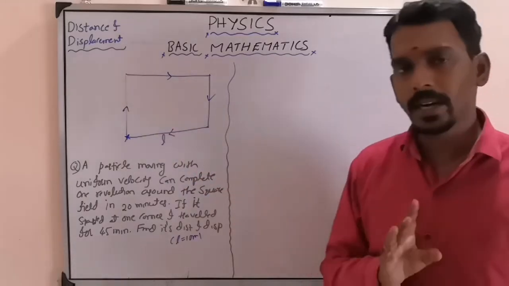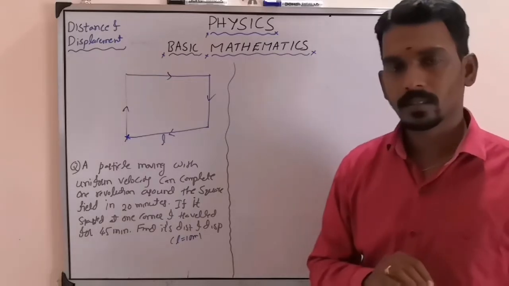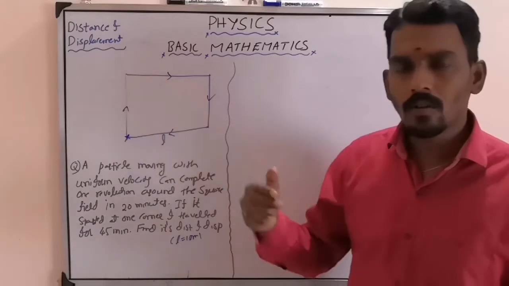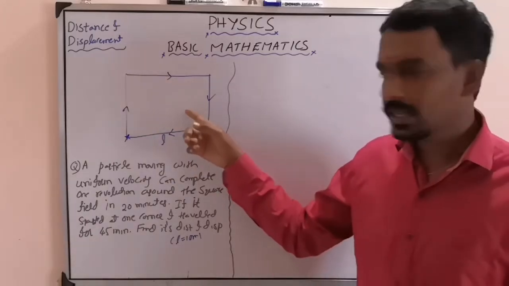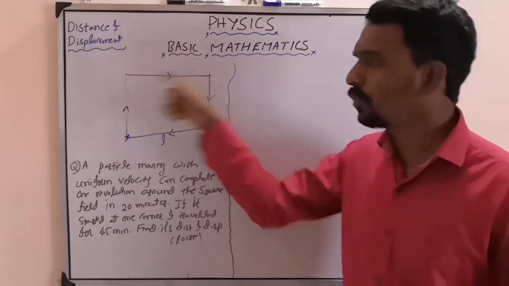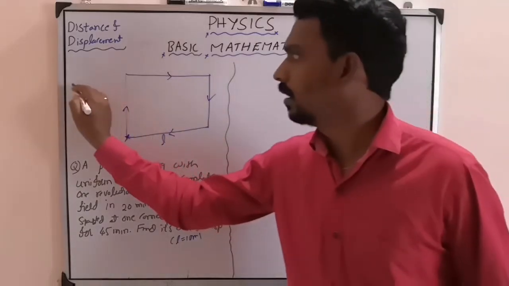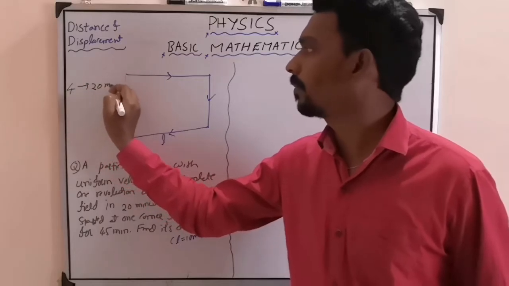So in 20 minutes, you are covering 4 sides. Then easily you can say how much time you will take to complete one side: 20 by 4. For 4 sides, 20 minutes.